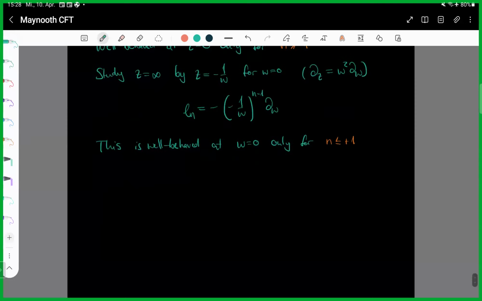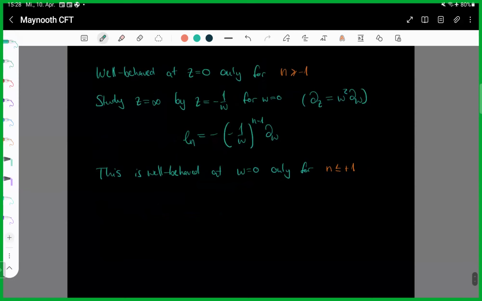So what you see now is the intersection. For n equals 0 and ±1, those are always well behaved. They're well behaved at z equals 0, and they're well behaved at z equals infinity. And the generator doesn't have any other point where it's problematic. Remember that we're working on the Riemann sphere, so that's why infinity is allowed.